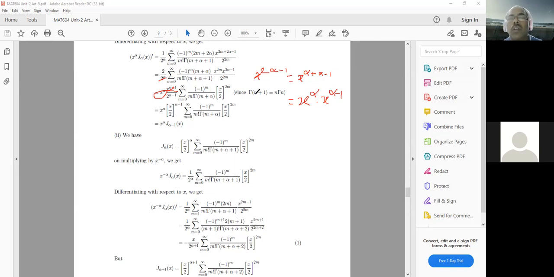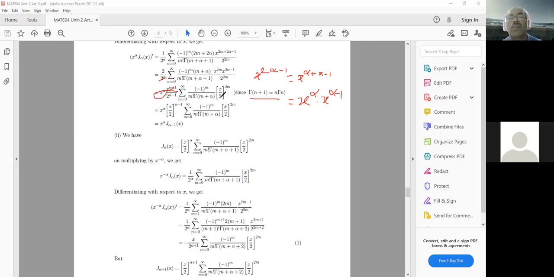We know this relation for the gamma function: gamma of n plus 1 is equal to n into gamma of n. So here we write gamma of m plus alpha plus 1 as m into gamma of m plus alpha, and by doing that this m plus alpha vanishes with that m plus alpha.